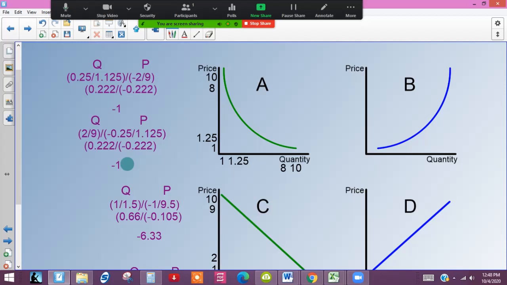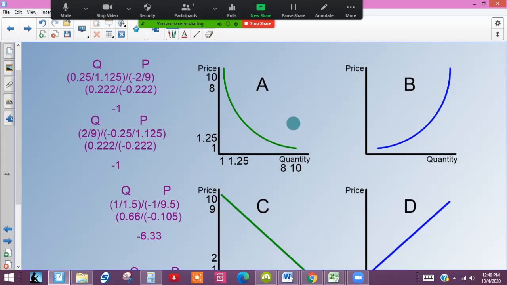So that's a mathematical example of why you need to have a demand curve that's bowed in, or concave, shaped like this, in order for you to have a constant price elasticity of demand of 1.